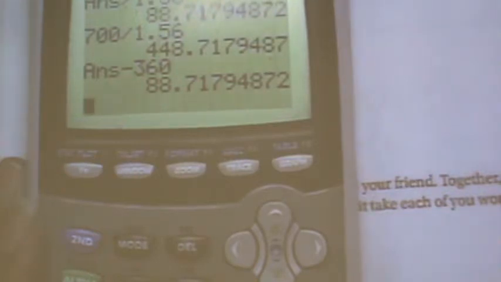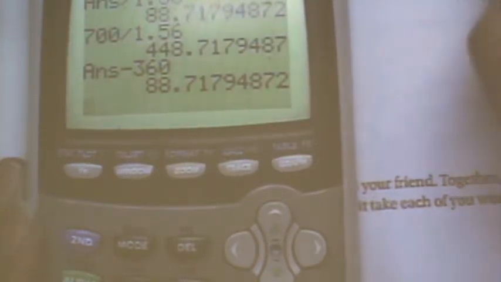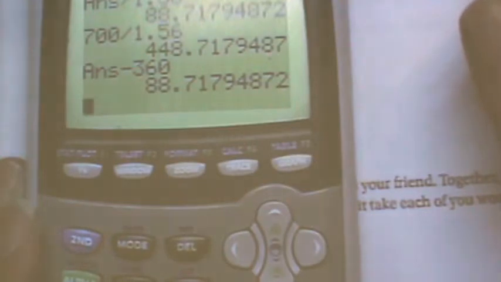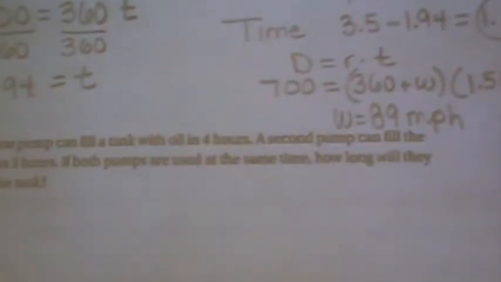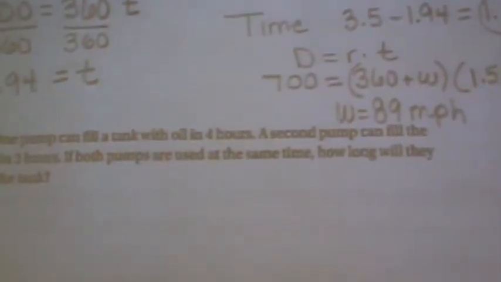You get about 89. And that would be the speed of the wind, miles per hour. Anyone not understand that?